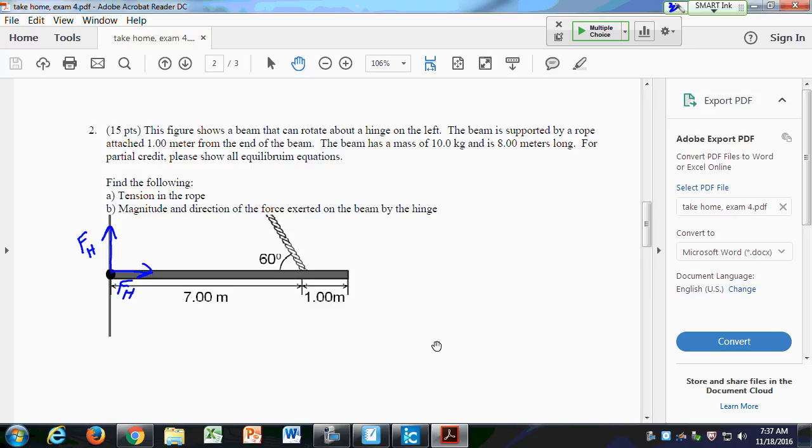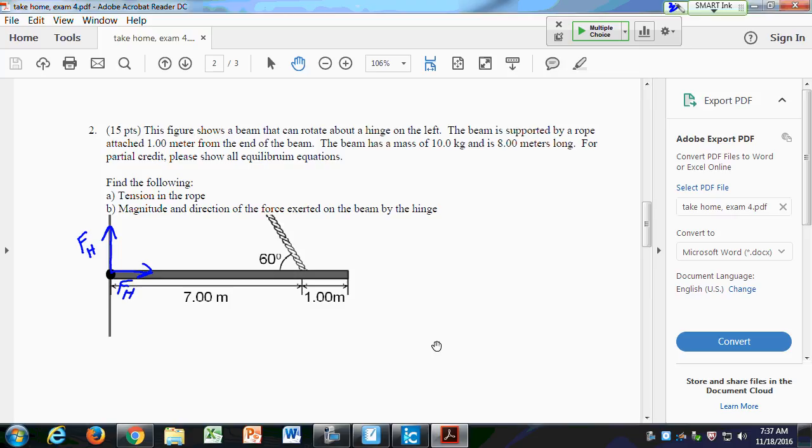The actual force of the hinge, it's going to have actually a y component and it will have an x component. So when you consider this force due to the hinge, that force is going to be at some angle. And you can read the problem and it sort of alludes to that because it asks both for the magnitude and the direction. Y'all follow what I'm saying?